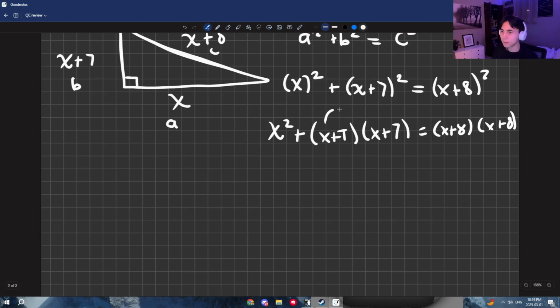And effectively what we're going to do here is just FOIL. We're going to get x squared plus x squared plus 7x plus 7x plus 49 here. So we're going to collect our like terms here. So we're going to get 14x plus 49.